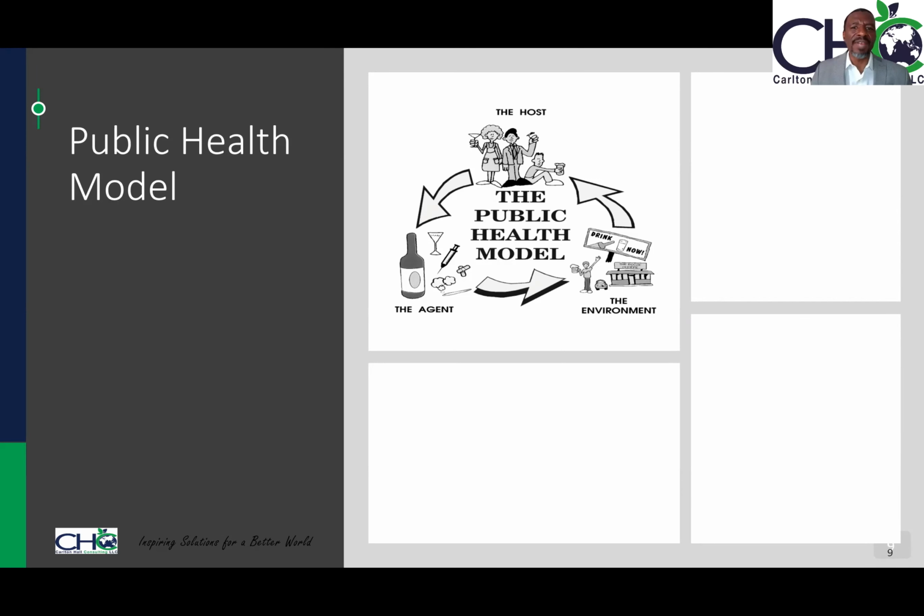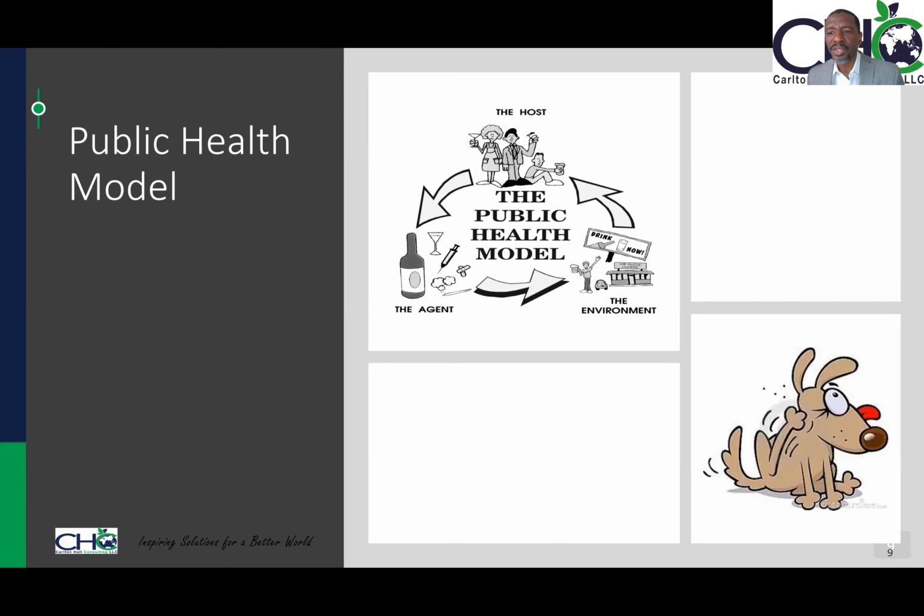But you don't yet have a population level problem unless you also bring into play the third component, which is the environment, those influencing conditions or characteristics that serve to bring the host and the agent together.